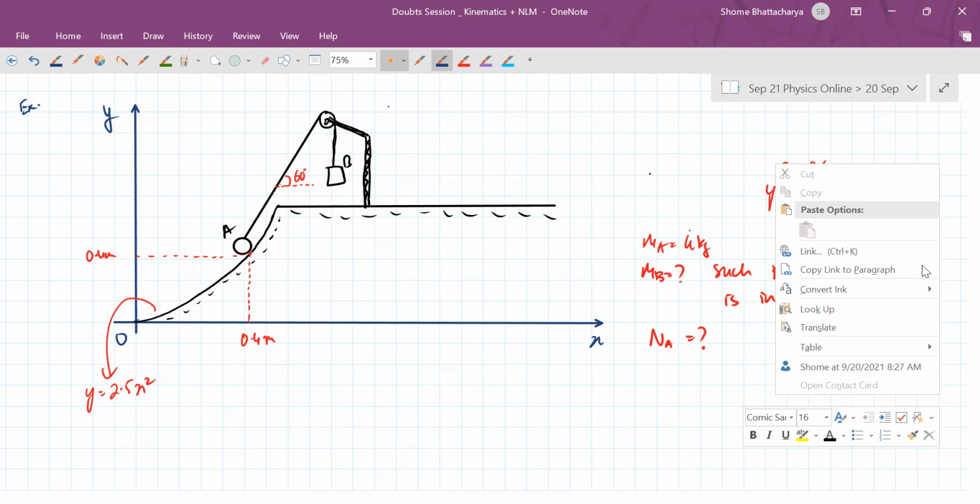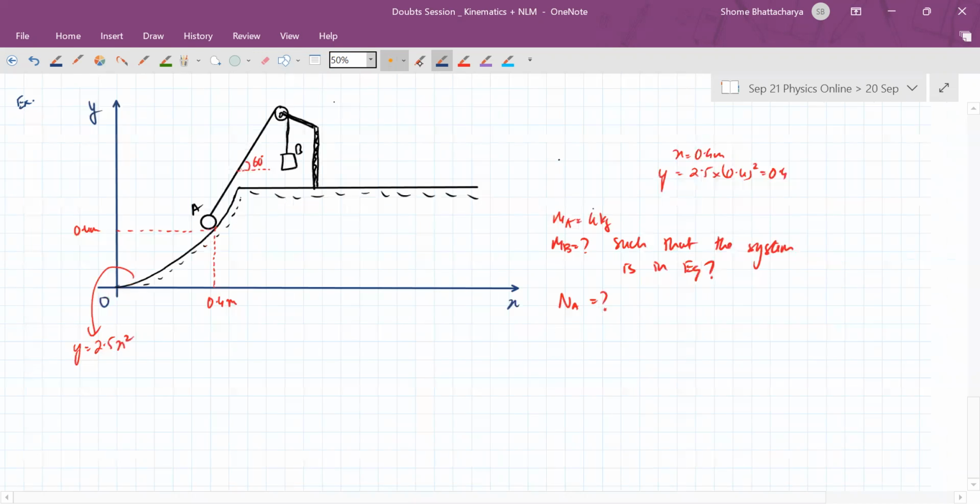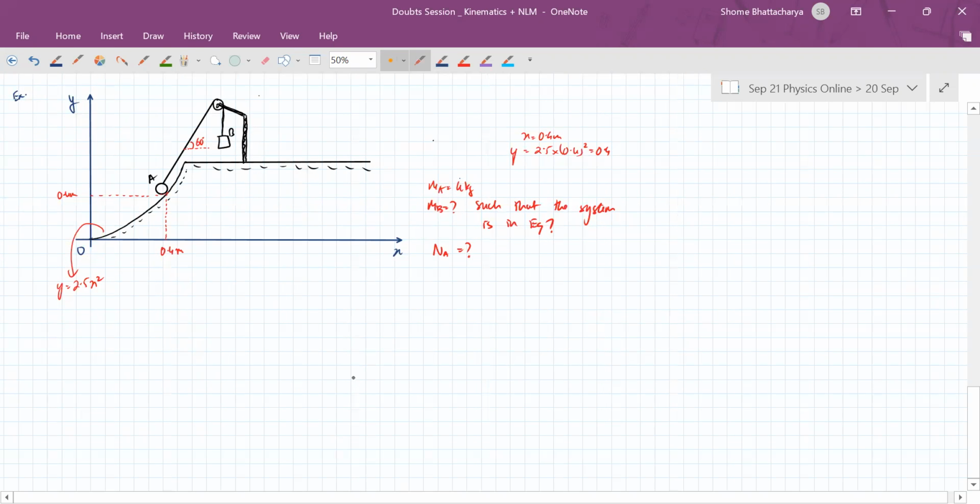So try this, all of you. Try to determine the direction in which normal reaction will act on A with respect to the horizontal. Try to make the FBD of A, and in that try to understand. So the direction of normal reaction acting on A will actually depend on the direction of the tangent. And then from that you will determine the direction of the normal. Okay.